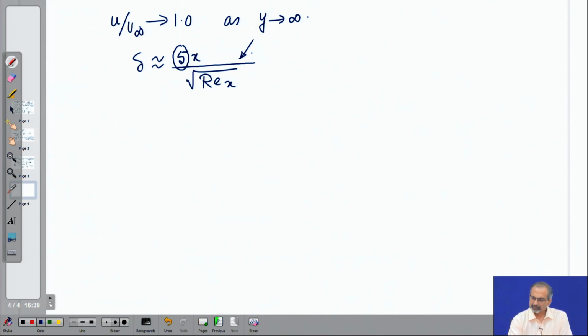Now, remember that root over Rex is what? It is root over x into rho infinity u infinity by mu infinity.